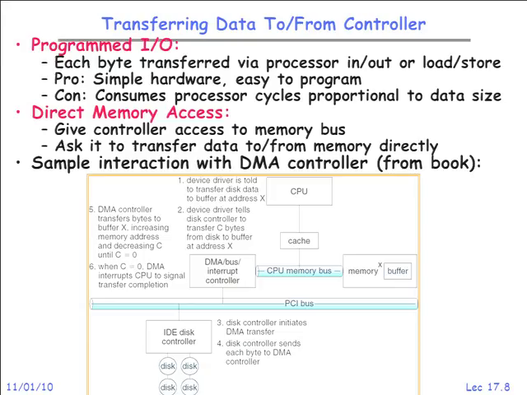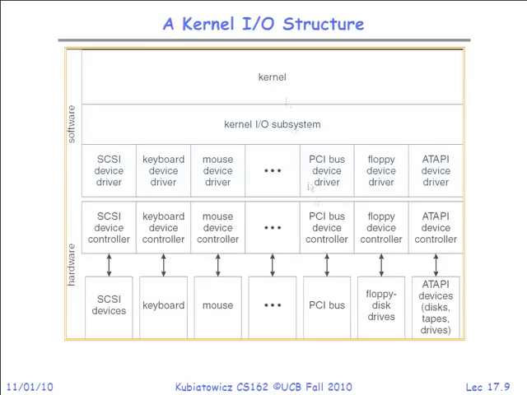So let's take a brief look at the kernel structure for I/O. The nice thing about I/O, which I mentioned last time, is that despite the fact that you have a lot of different devices, different structures, different ways of interfacing them, the kernel tries to hide that from the user. So a typical structure has a kernel I/O subsystem which presents a standard set of interfaces to the kernel and ultimately to the user.